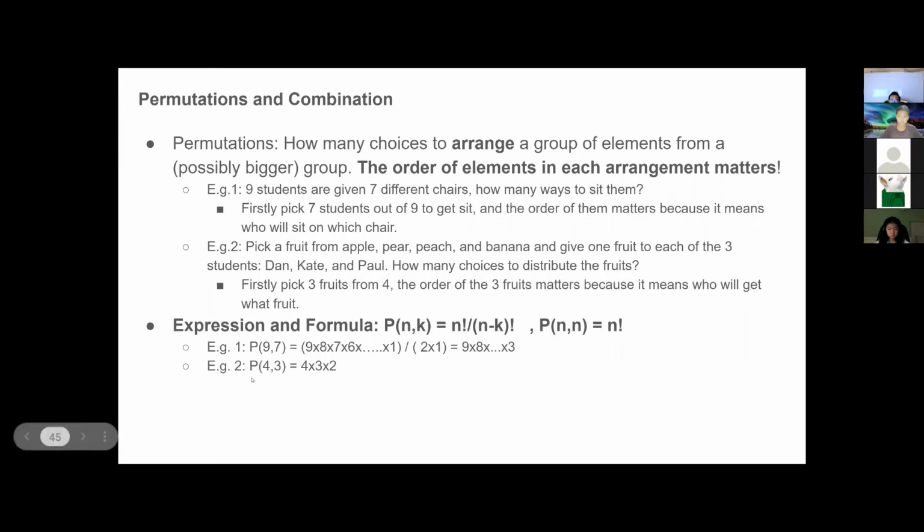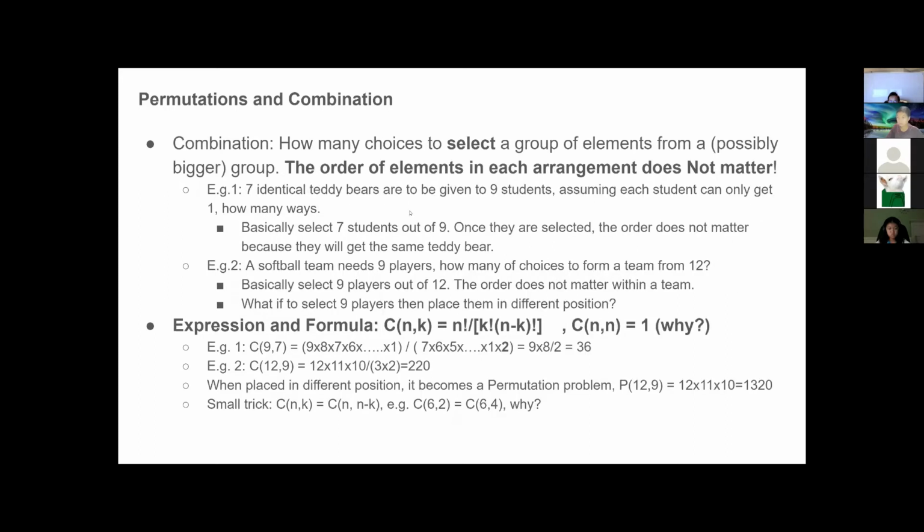And the second problem, we pick 3 fruits from 4, and we make arrangements. So that's P(4,3), that's 4 times 3 times 2. Okay. Hopefully this is a review. It's not the first time you are introduced to this.